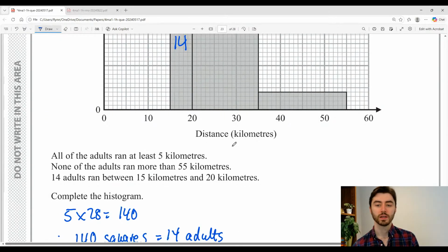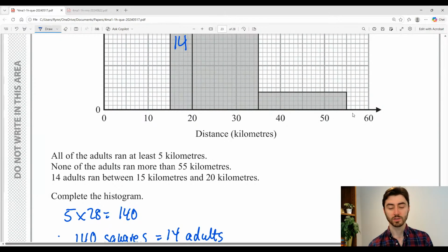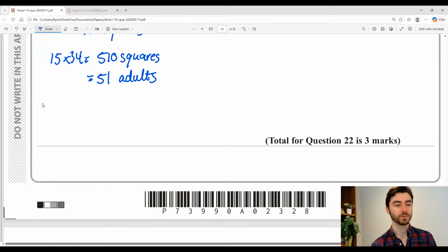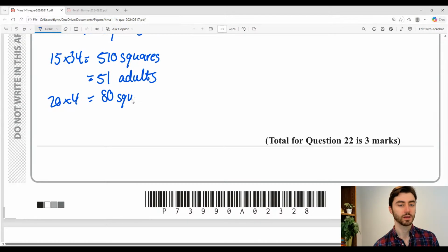And then this bottom one is 5, 10, 15, 20 squares across and 4 squares high. So 20 times 4 is 80 squares, which is the same as 8 adults.